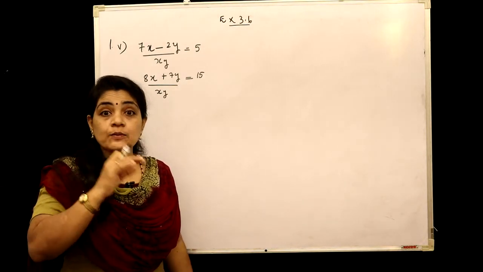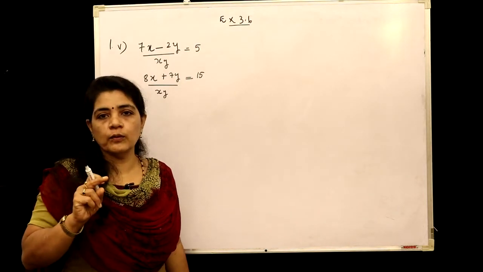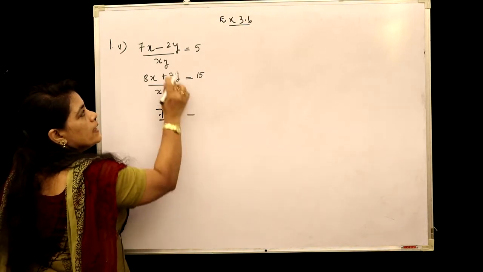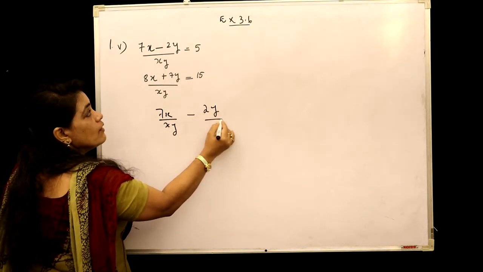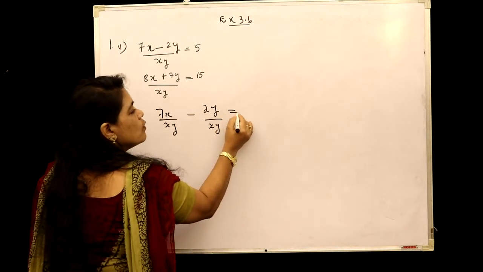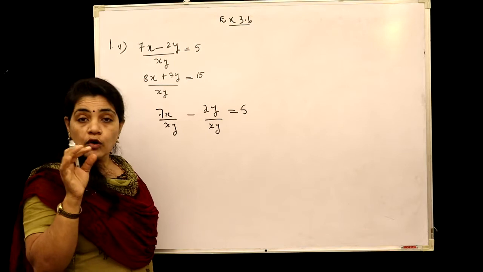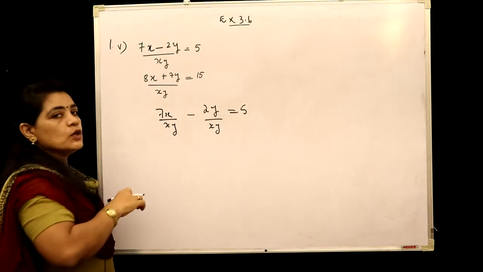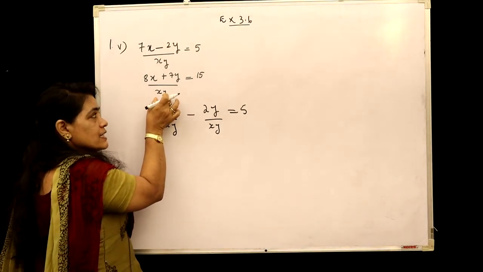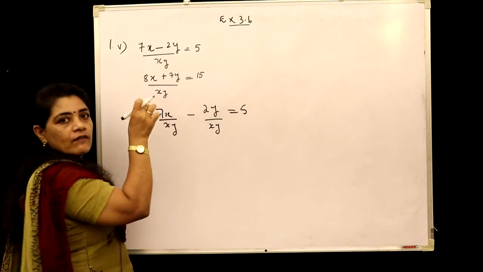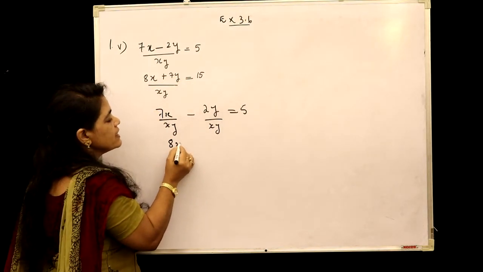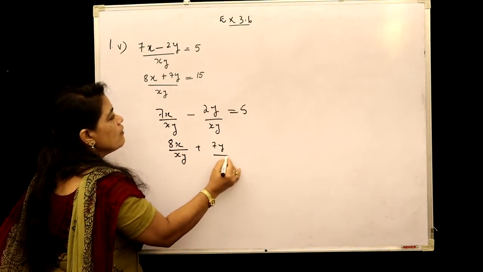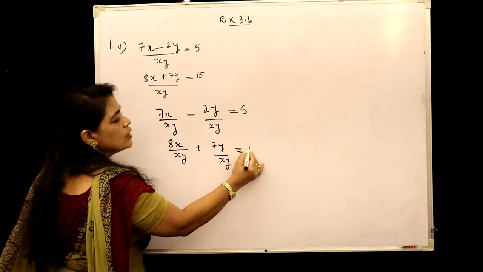I am going to split this xy among the two terms of the numerator, that is 7x divided by xy minus 2y divided by xy is equal to 5, because 5 is there as the constant and should be there in the RHS part. And in the second equation I am giving this xy to both 8x and 7y separately: 8x divided by xy plus 7y divided by xy is equal to 15.